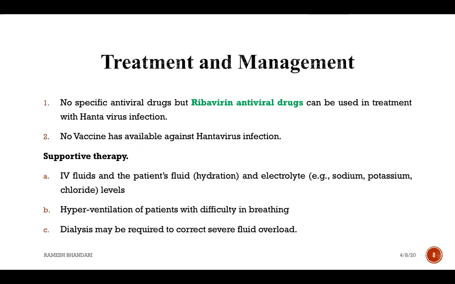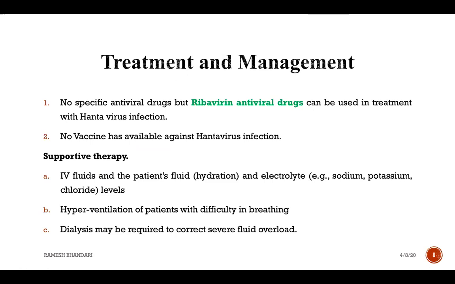There is no vaccine against hantavirus infection, but supportive therapy can be given along with ribavirin. The supportive therapy may be IV fluids and electrolytes.